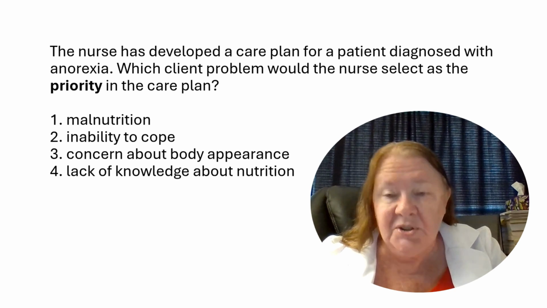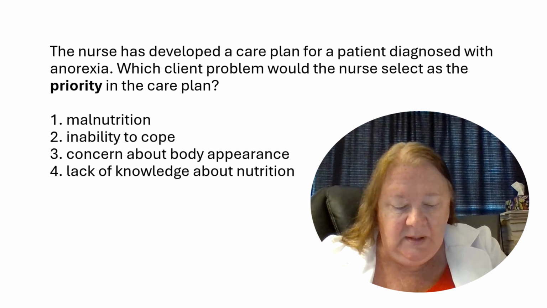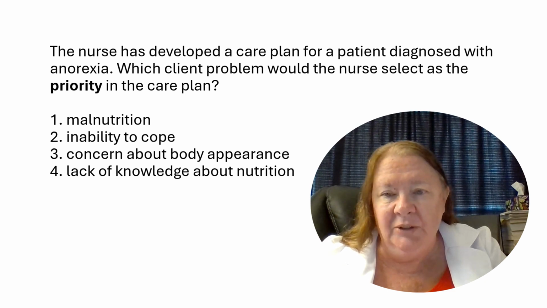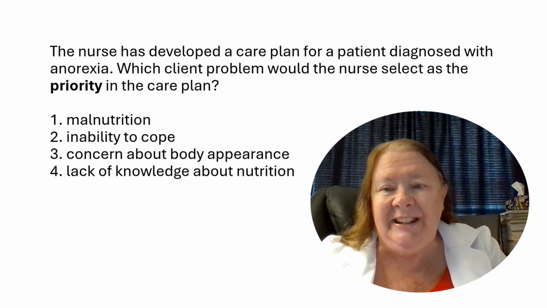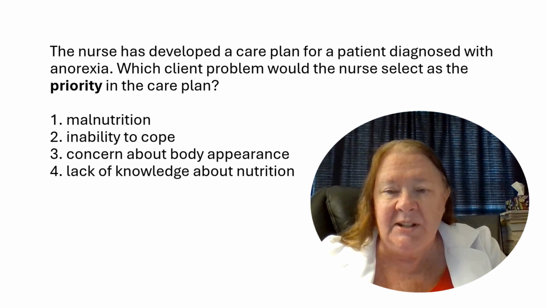And the correct answer is number one, malnutrition, because malnutrition is a physiological need out of the other answer choices. In anorexia nervosa, this is a patient who is refusing to eat, doesn't want to eat, is obsessed with their weight, does not want to gain weight, has a great fear of gaining weight.